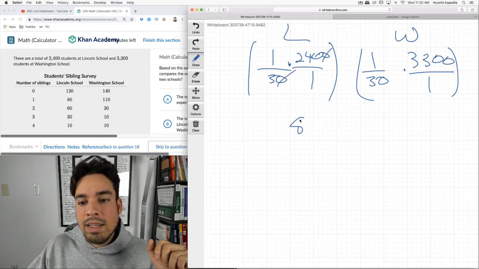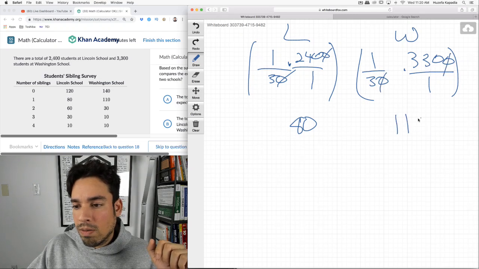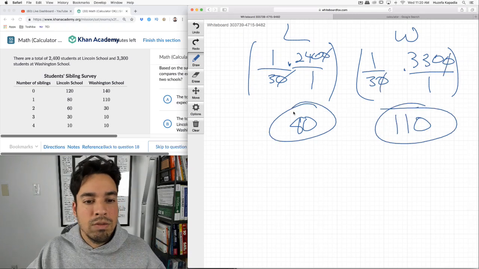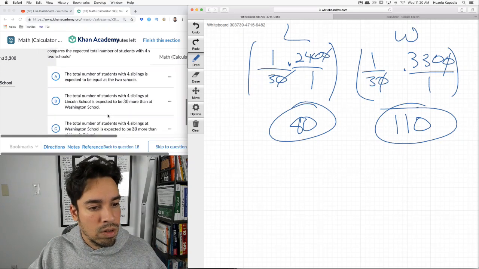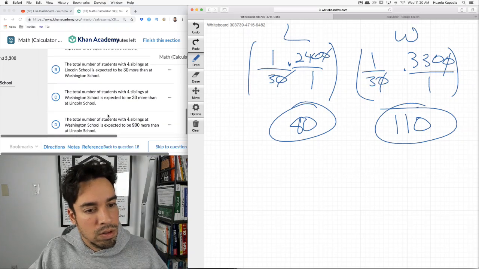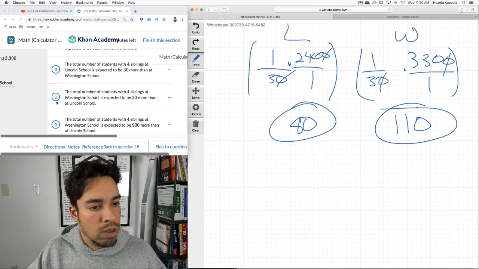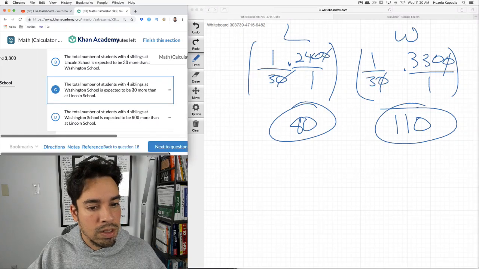This is 80, and this is 110. There it is. 110 versus 80. At Lincoln, no. Washington is 30 more than Lincoln. Yep. That's it.